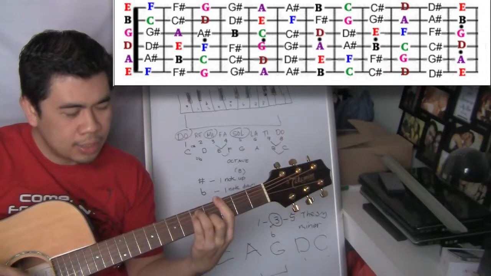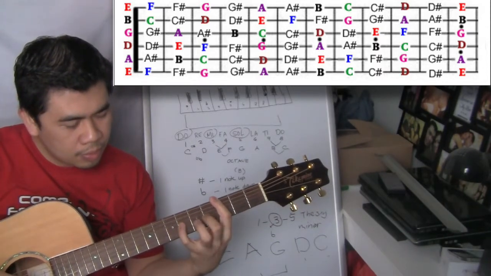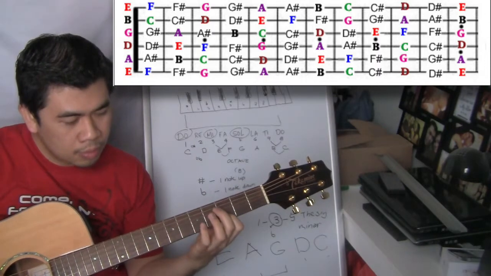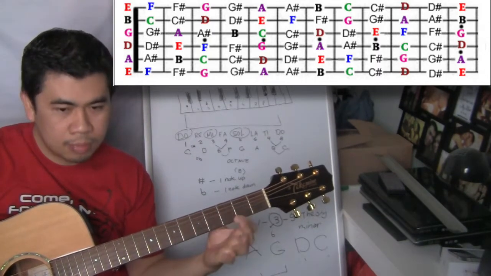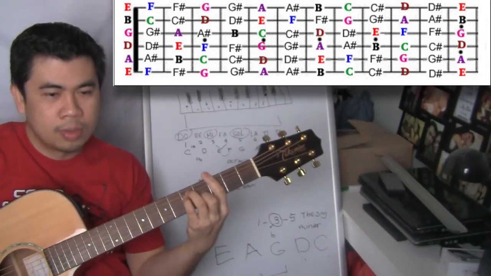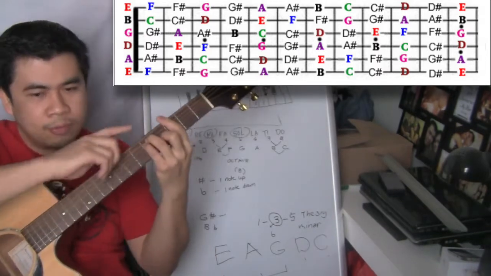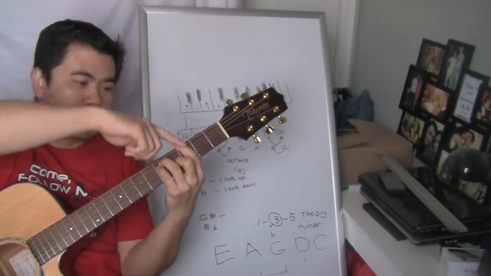So I hit the 3. So they're all 1, 3, 5. So in this form, this is the 5th. No. In this form, this is the 3rd.